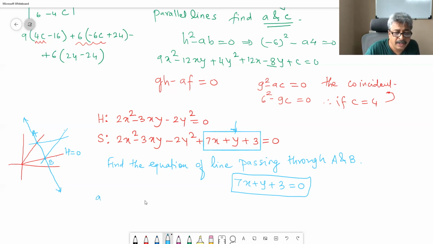Suppose ax plus by plus c is the line which is intersecting the homogeneous equation in x and y, then we can always write the equation of POL as H plus L is equal to 0.